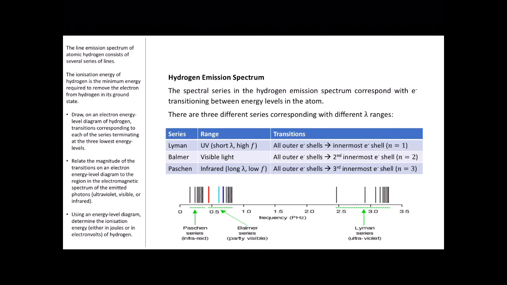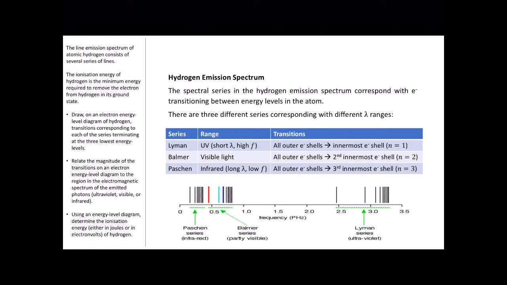So this could be ultraviolet, visible, or infrared sections of the electromagnetic spectrum. And using an energy level diagram, you need to determine the ionization energy, either in joules or electron volts, of hydrogen.